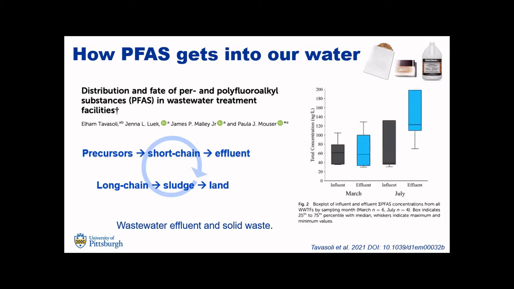And so this was a study by Tavasoli et al. in 2021, just last year, looking at the signatures of the total concentration of PFAS in the influent and effluent of wastewater treatment systems and the seasonal impact of this. And you can see that the effluent is often higher than the influent due to this transformation of precursor compounds that happens, and that this is higher in the summer where you have higher activity in the biological treatment part of the wastewater treatment plants.